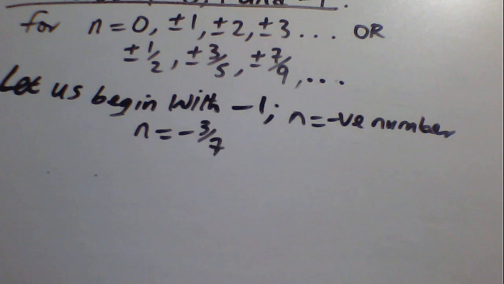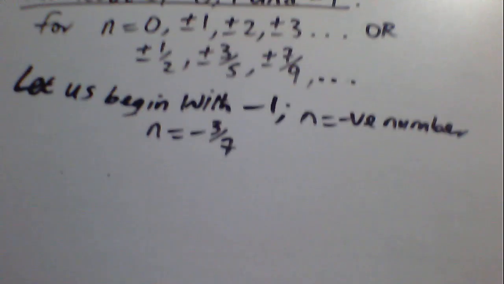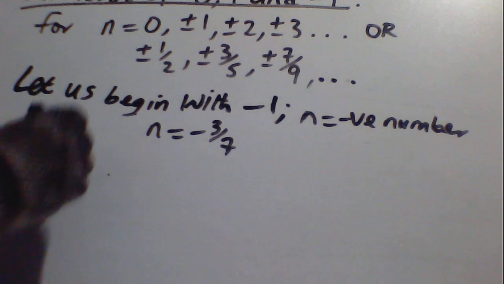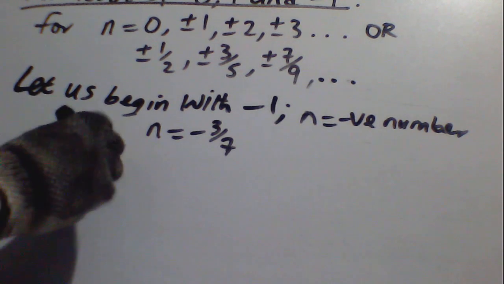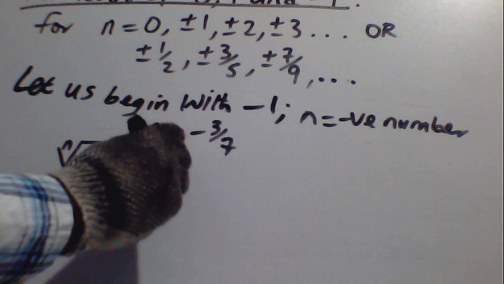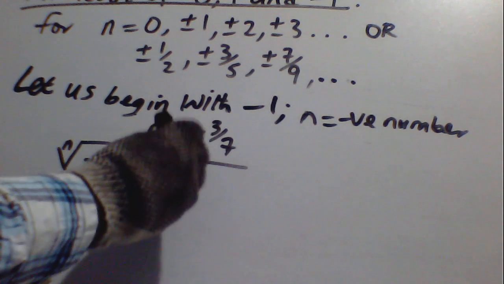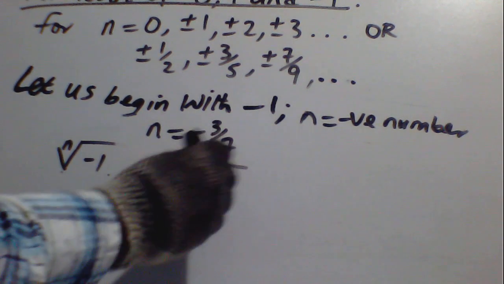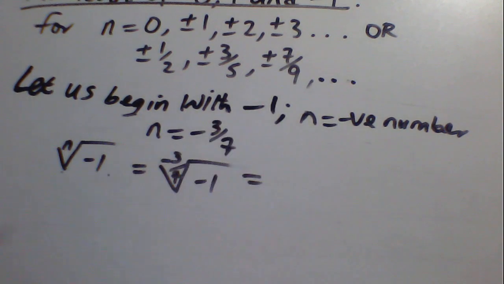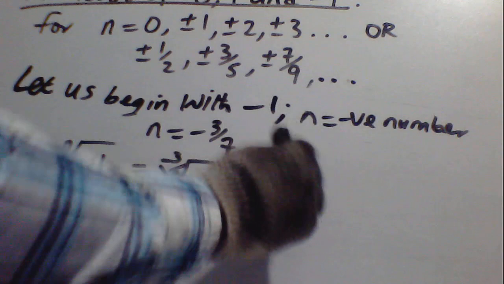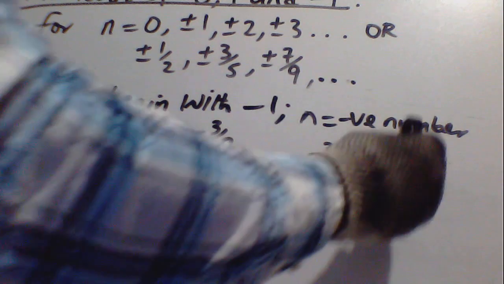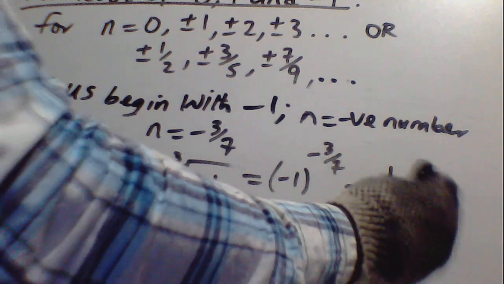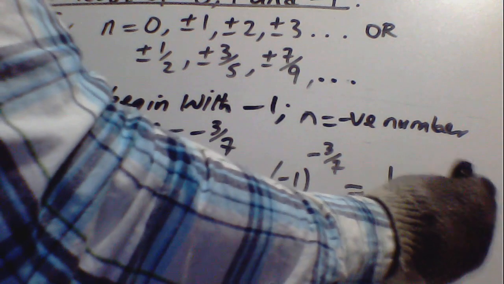Let n be equal to minus 3 over 7. So we have n here, minus 1. So we have minus 3 over 7. If you resolve this in exponential form, you have minus 1 to the power of minus 3 over 7. You have 1 over minus 1 raised to the power 3 over 7.